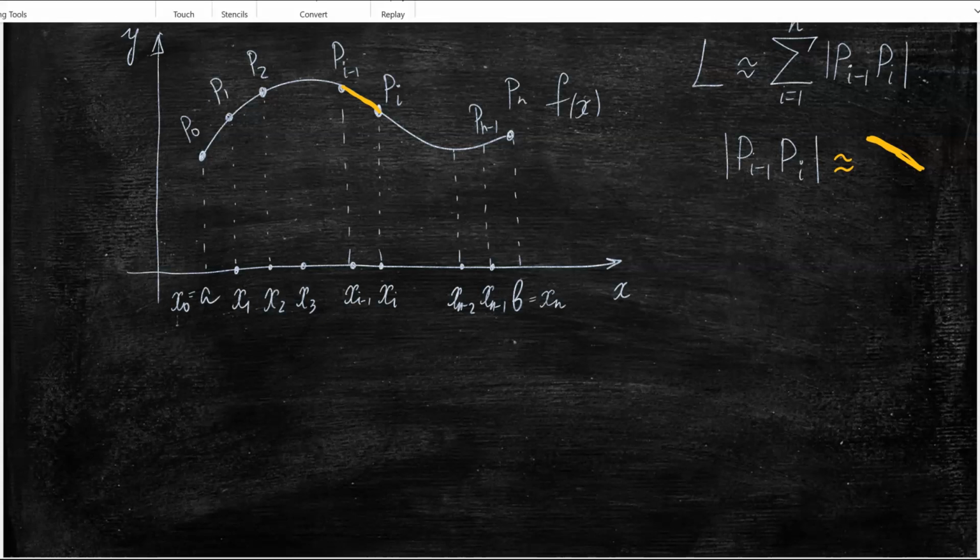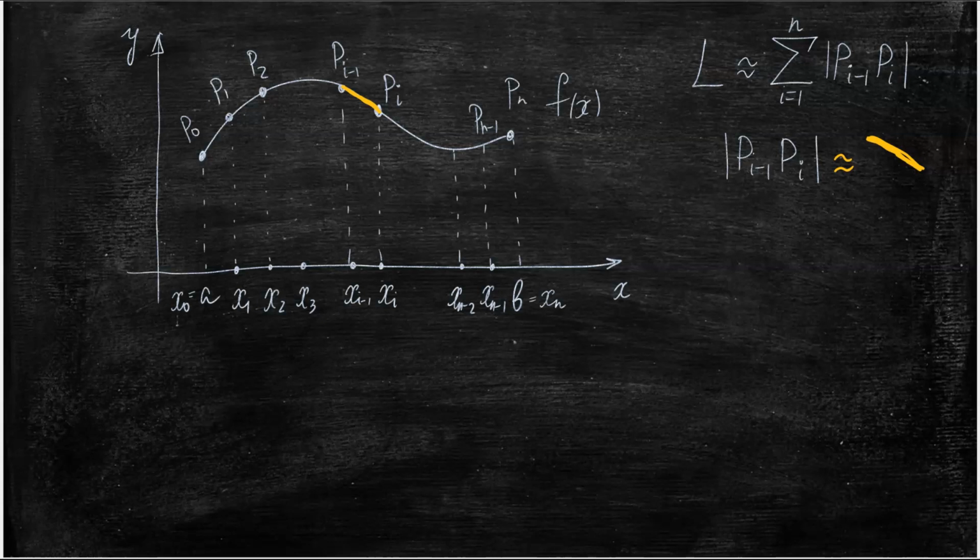Well, the smaller the distance between the two x values, the more that segment looks like a straight line segment, and therefore we can approximate the length of that segment with the length of the line segment, which is a straight line.